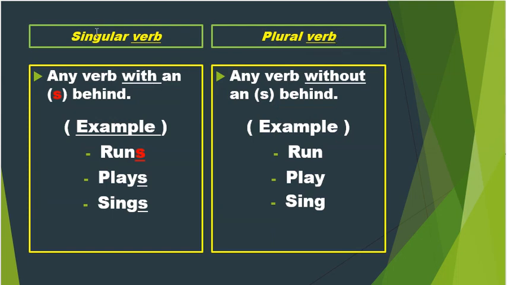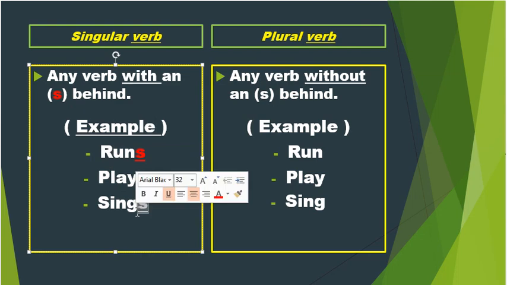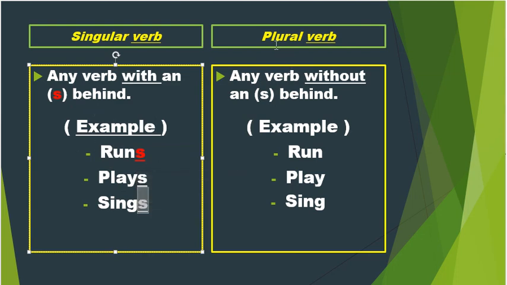When we say singular verb, it is any verb, any action, with an s at the last part, at the back. If you see the examples: runs, it has an s; plays, it has an s; sings, it has an s. So how about the plural verb, teacher?